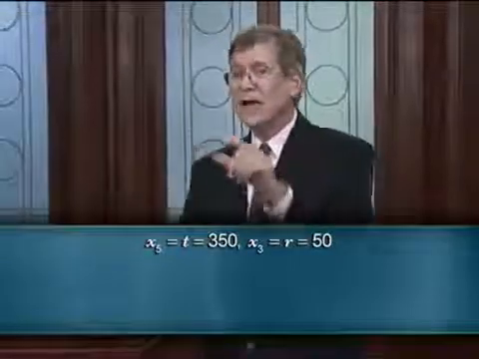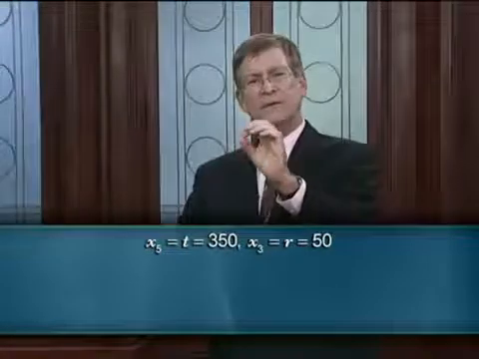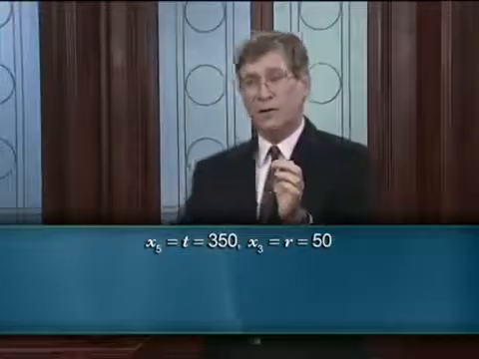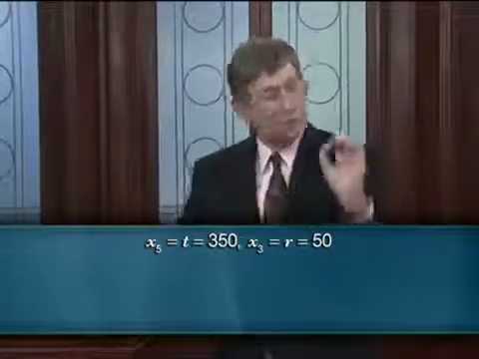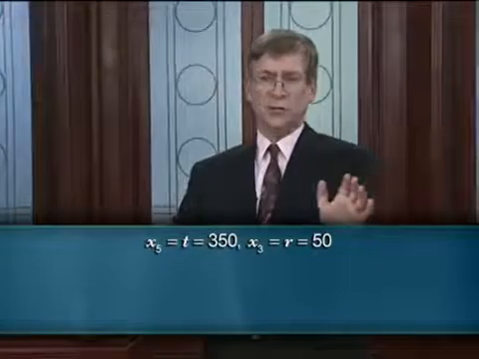In particular, in this problem, we asked the question, what's the flow if x5 is 350, that's t, and x3 is 50, that's r. Then all the other values are forced upon us. We have no choices anymore.